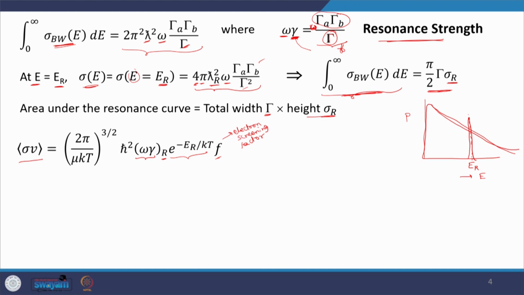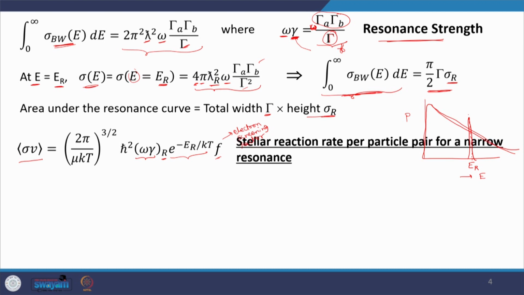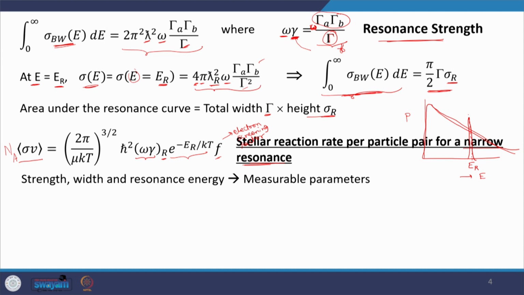If at all the stellar density is very high, one has to take into account this electron screening factor. Okay. Fine. So, this is nothing but the stellar reaction rate per particle pair, because sigma v is there, and if you multiply with the Avogadro number, then no need to write down the per particle pair. Okay. But this reaction rate expression is for narrow resonances, not broad resonances, all right.